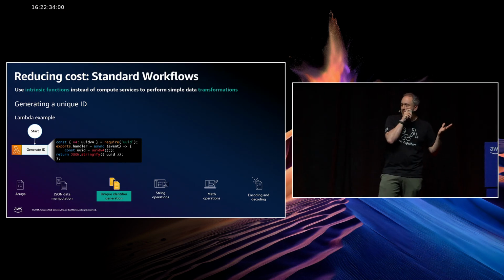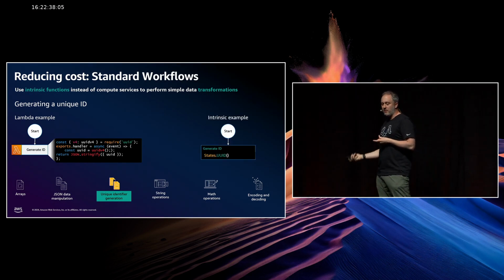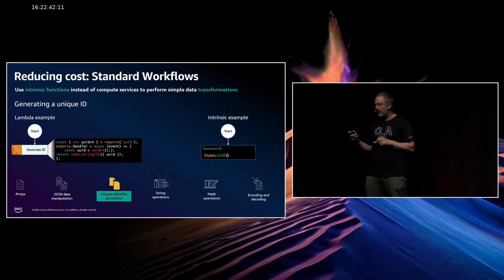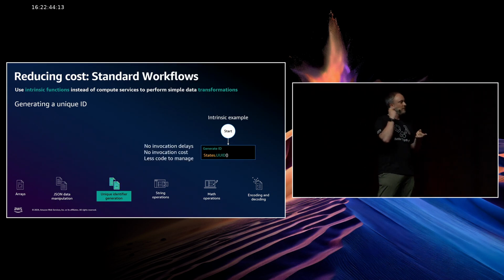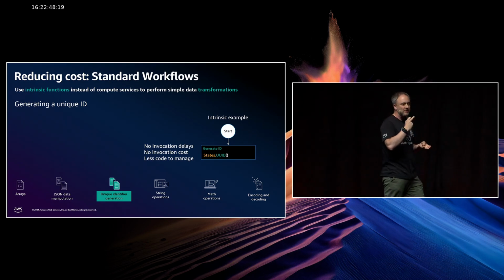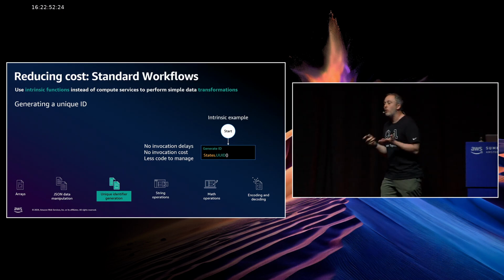If I can produce the exact same results using intrinsics, then I should do that, right? So here's how I do that using Step Functions. It's States.UUID. I have no invocation delays, there's no cold start time, there's no invocation cost, there's no code to manage. This can just be part of a state that already exists.